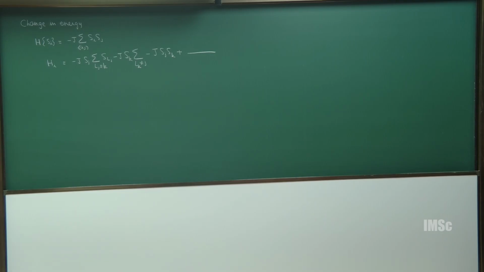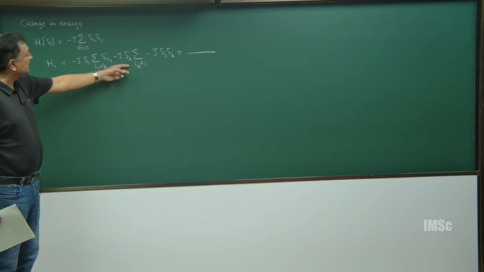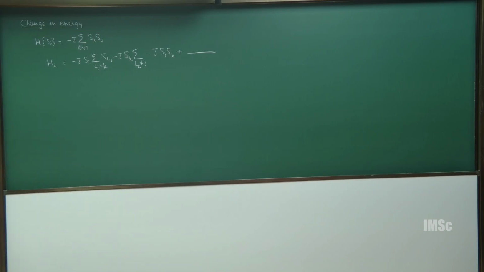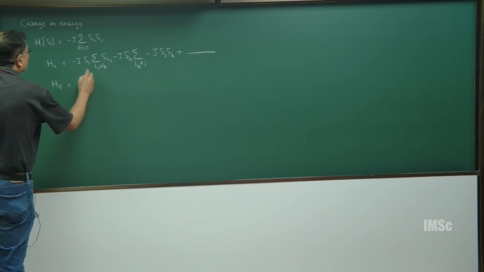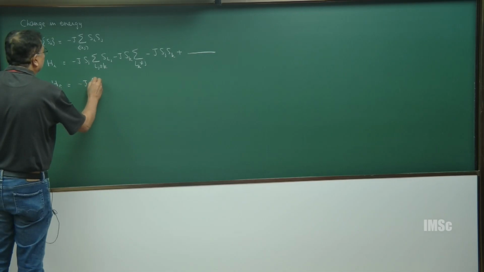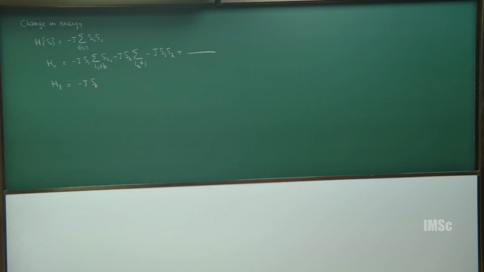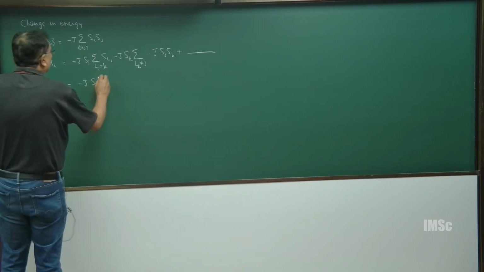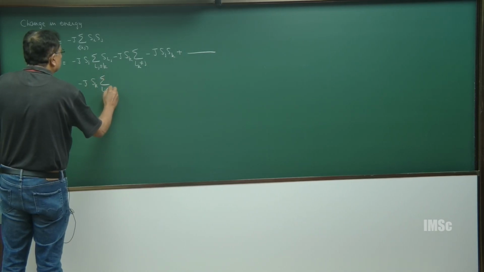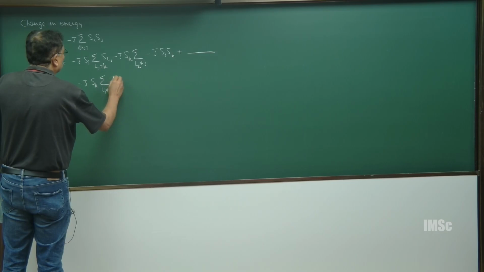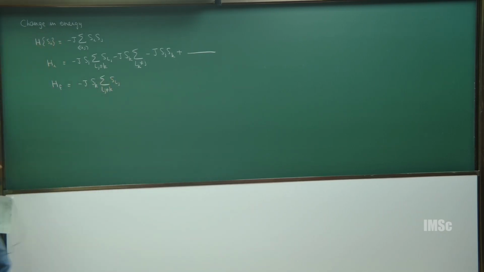Okay, so again, just to reiterate, I am interchanging S_j and S_k, and I have isolated the terms from S_j and S_k. After the exchange, what is the energy? After the exchange, the energy is simply minus J. At site j, you now have S_k, because you've interchanged the spins, and this term is still the same. These spins have not been changed after all. So these stay the same, S_lj.